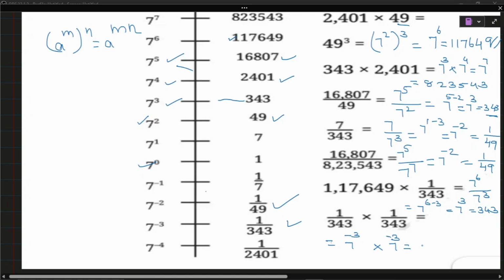So this becomes 7 raised to, for both the negative numbers you have to add the powers. So minus 3 plus minus 3. When we add two negative numbers, the answer becomes negative. So 7 raised to minus 6.